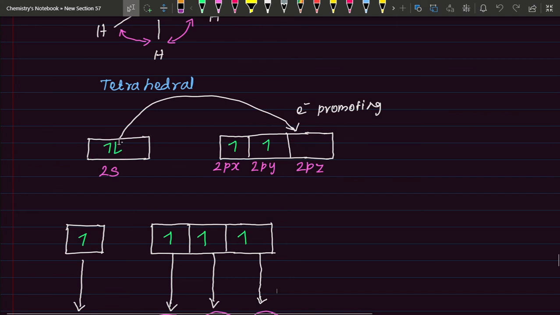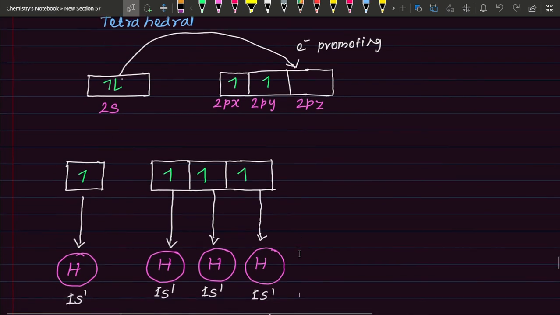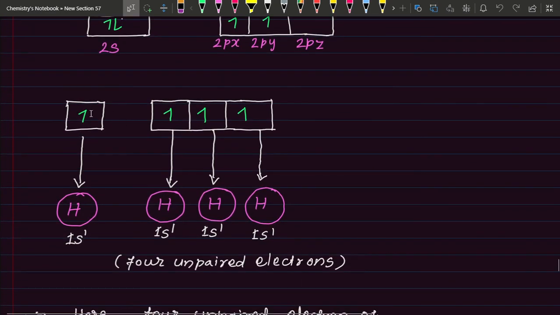This electron is promoted to these parts. See below. This is called electron promotion. After promotion the carbon atom has 1 electron, 1 electron, 1 electron, 1 electron, all unpaired electrons.